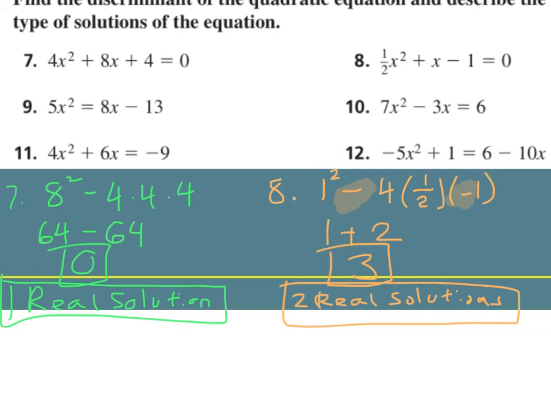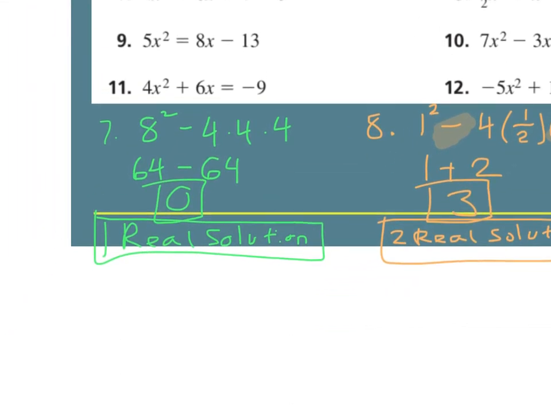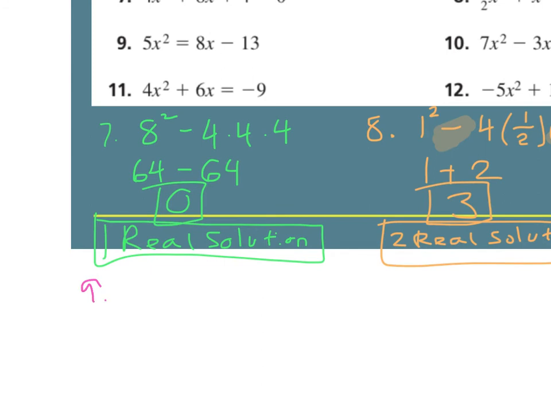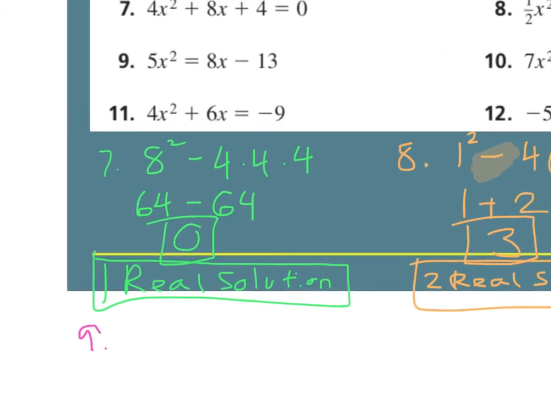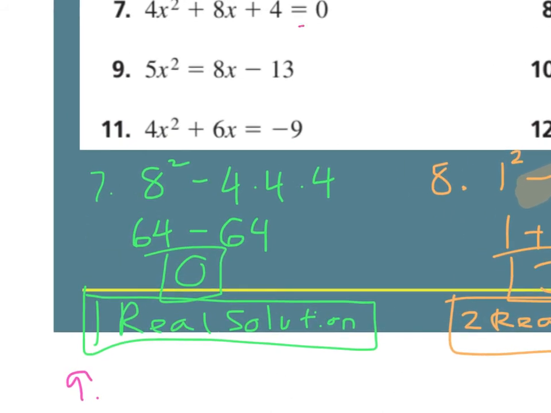All right, let's do number 9. What is our b? Awesome. It has to be negative 8 because we need this to be equal to 0. So we're going to move the 8x and the negative 13 over.